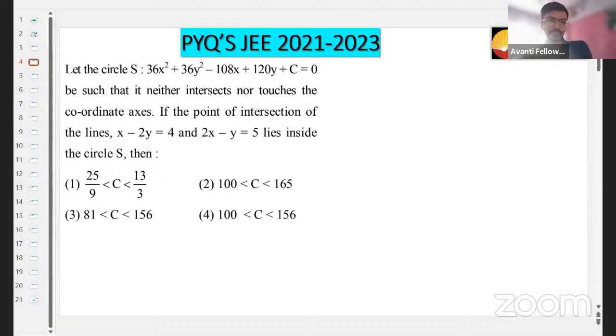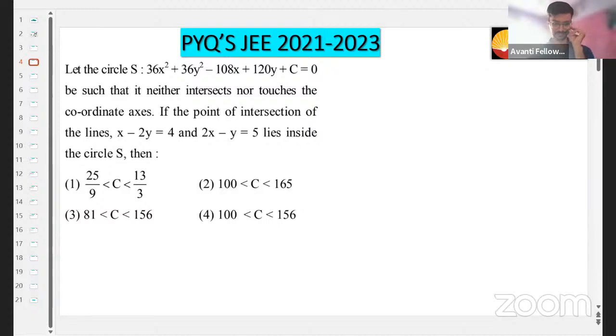There is a circle given, S. It neither intersects nor touches the coordinate axis. Okay. The point of intersection of the lines lies inside the circle. So this is basically, I think, the position of a point with respect to a circle concept.